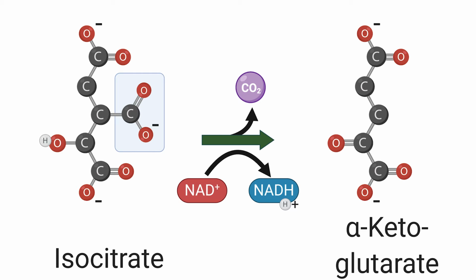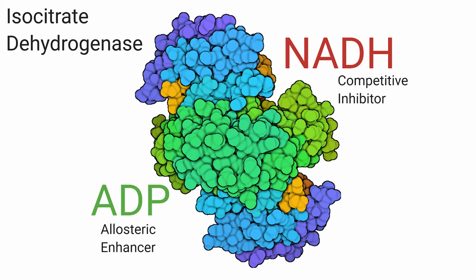The enzyme in this step, isocitrate dehydrogenase, is a primary point of regulation. It is allosterically enhanced by ADP, which makes sense since its job is to make ATP. However, NADH is a competitive inhibitor of this enzyme and slows the cycle down. NADH is creating a negative feedback loop and ensuring the reactions don't overdo it.